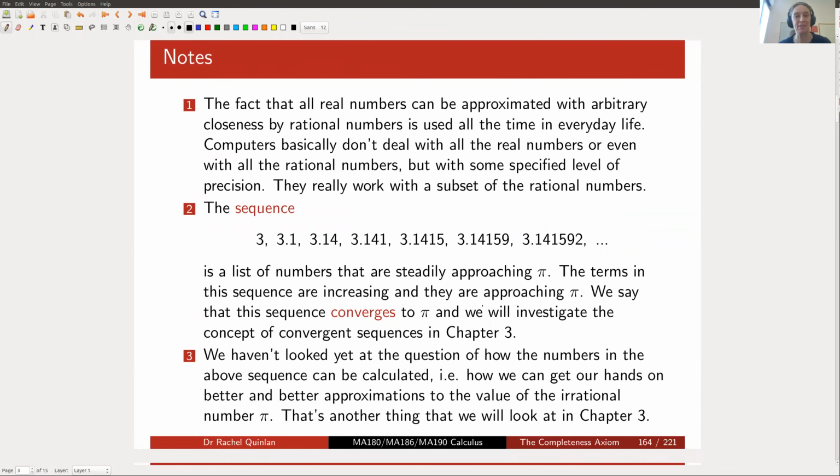They don't deal with decimal representations that are infinite non-repeating strings. They truncate somewhere and they work at some specified level of precision. So even that statement is not completely true, as people who studied floating point arithmetic might know. But basically, computers work with some subset of the rational numbers when they're calculating things. And calculators the same. They don't really work with all the real numbers, which mathematicians fuss about.